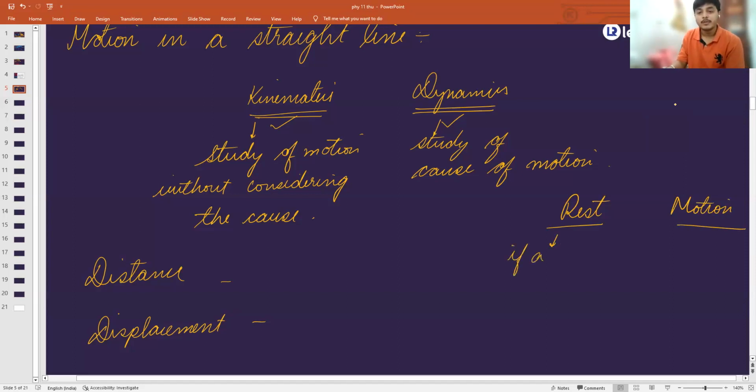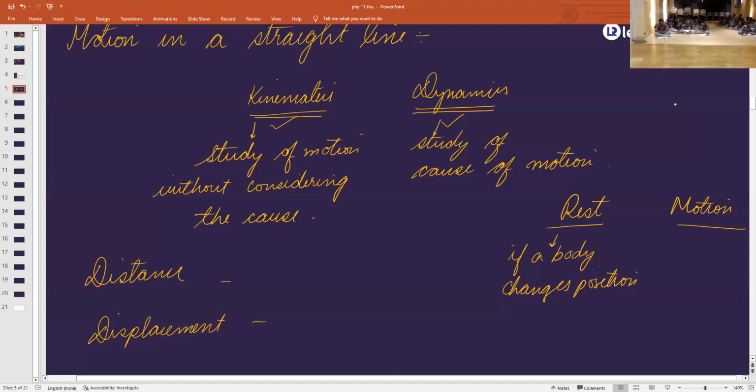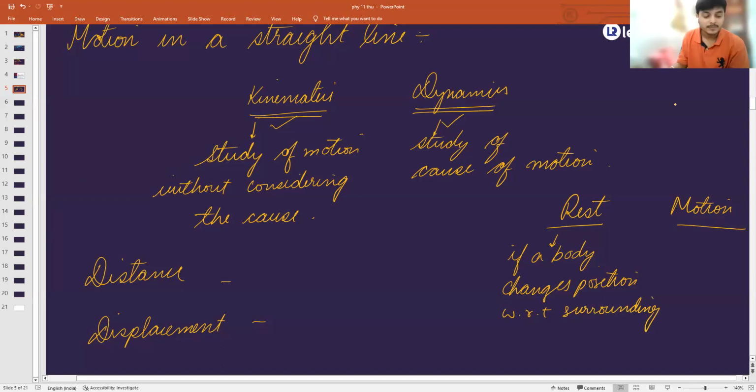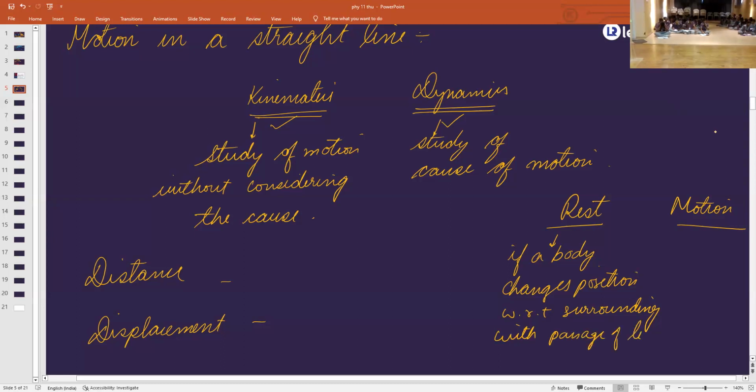If a body changes its position with respect to its surrounding, with the passage of time, it is in motion.